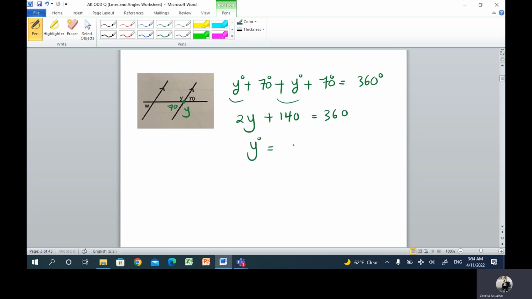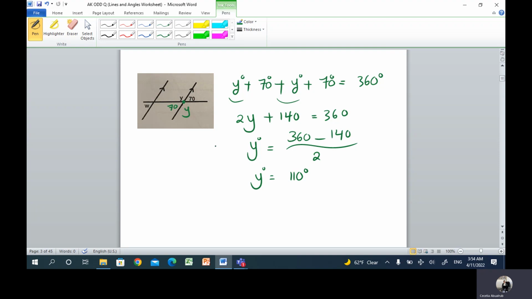Accordingly, y is equal to 360 minus 140 over 2. And so y will come down to 110. So 360 minus 140 divided by 2 will be 110. Yeah.